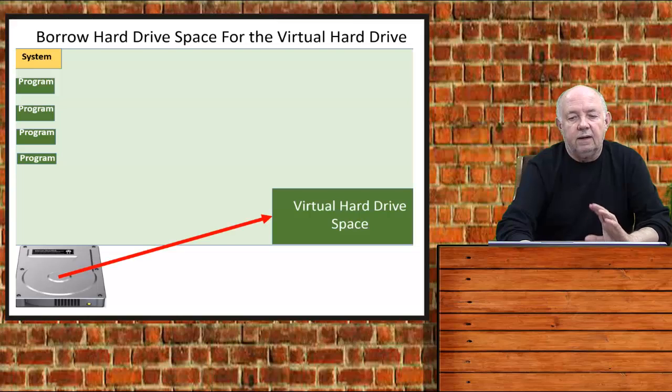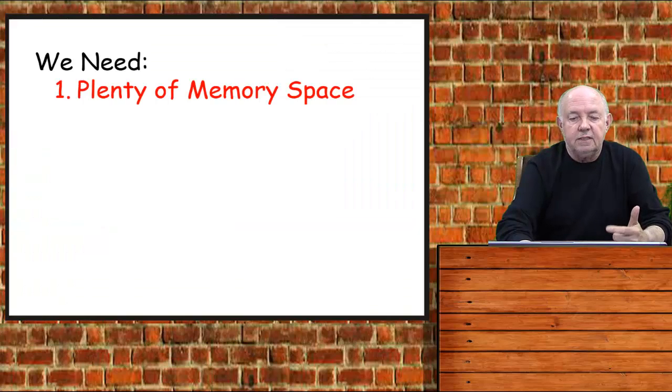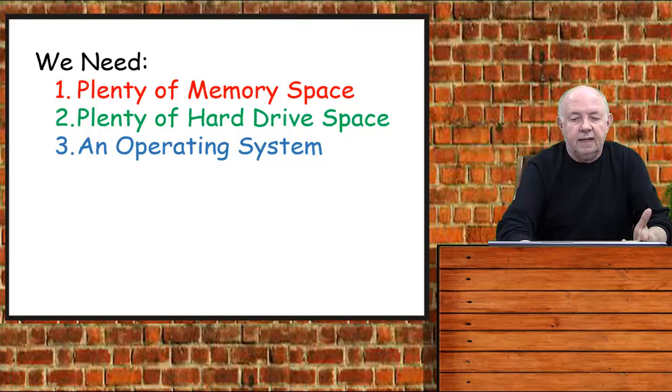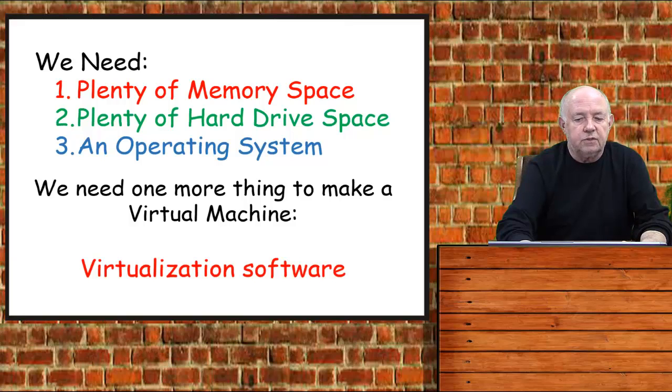So we'll go out and grab a big hunk of that hard drive space, and then we'll have our system, our operating system, that we can load on it. Okay, we need plenty of memory space, plenty of hard drive space, an operating system, and we need one more thing, and that's something that's called virtualization software.